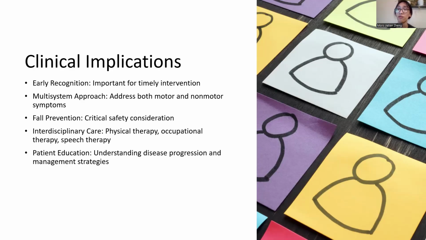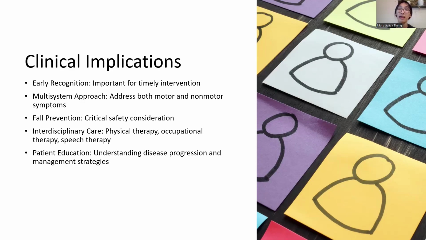Third, fall prevention becomes a critical safety consideration throughout the disease course, requiring environmental modifications, assistive devices, and targeted interventions.